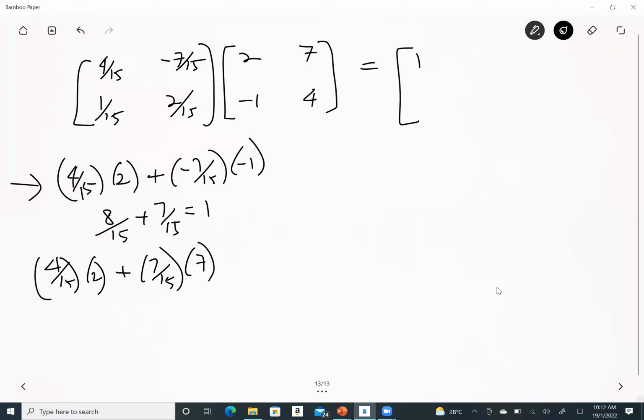Wait, 7/15 times 7? That's not right. It should be 7, because we multiply row 1 with column 2.